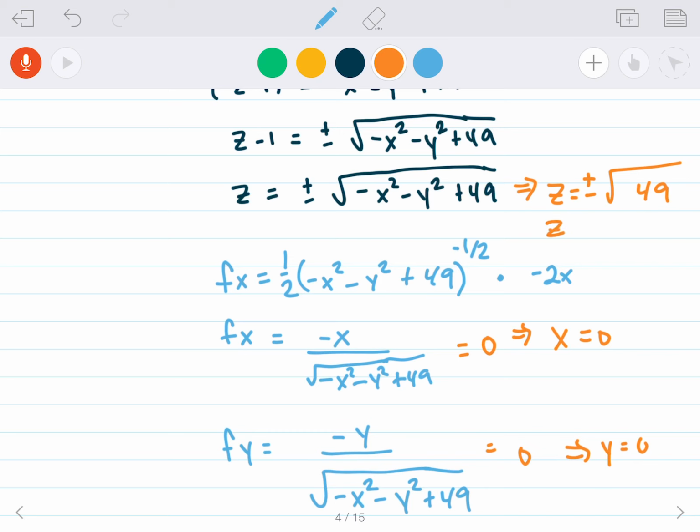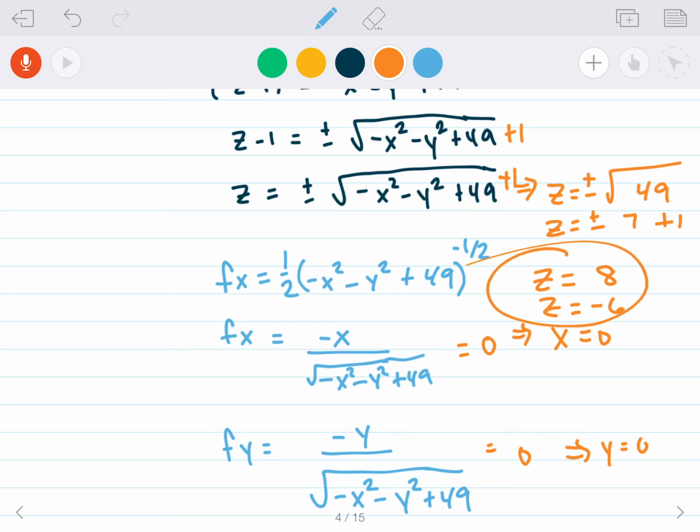So the square root of 49 is 7, so I get plus or minus 7, and I actually forgot the plus 1 over here, so I can't forget that over there. Alright, so we have z is equal to plus or minus 7 plus 1, so I get z equals 8, and z equals negative 6.